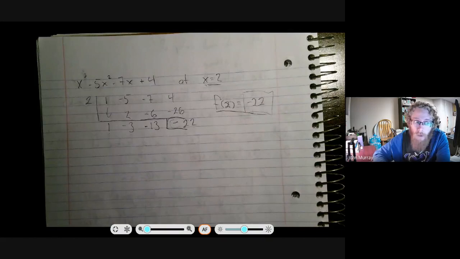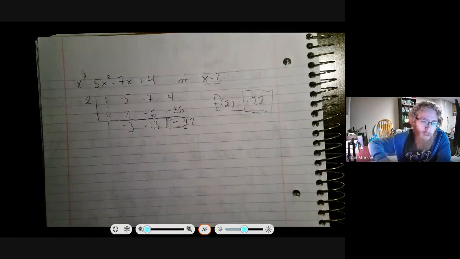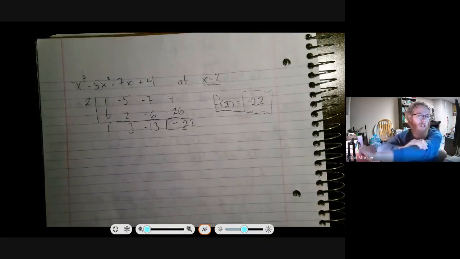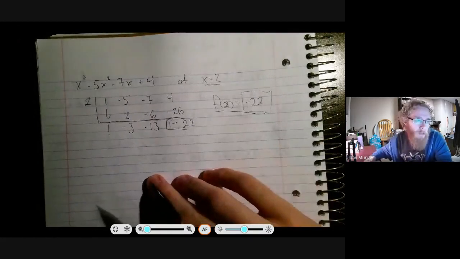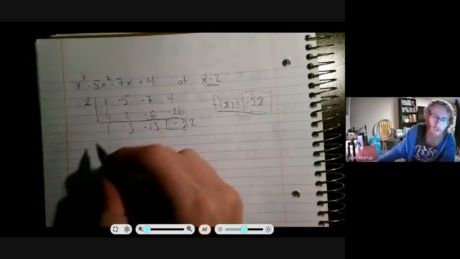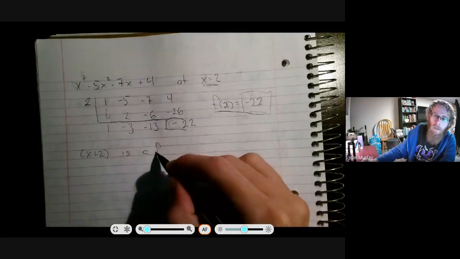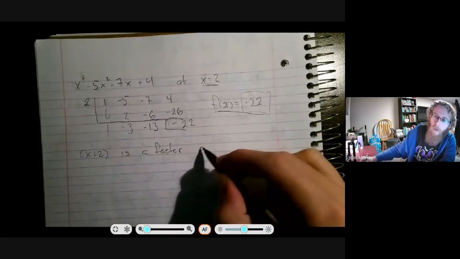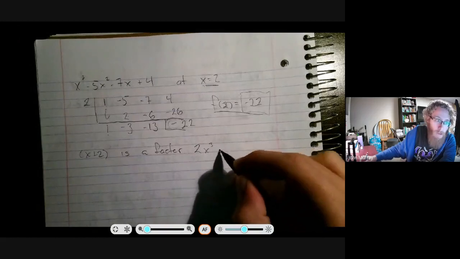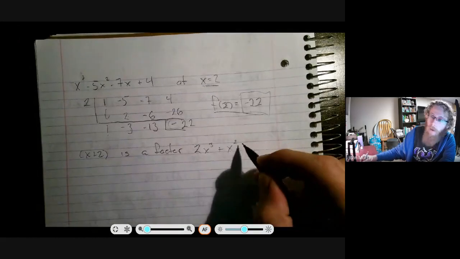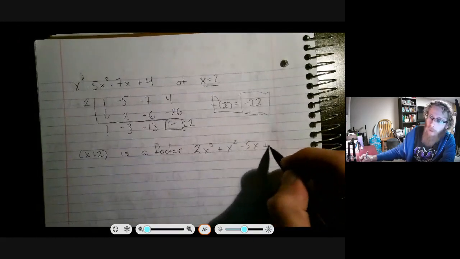All right. So the second one, and actually we're going to be building on this now, is we're going to use the factor theorem to see if x plus 2 is a factor of our function 2x to the third plus x squared minus 5x plus 2.